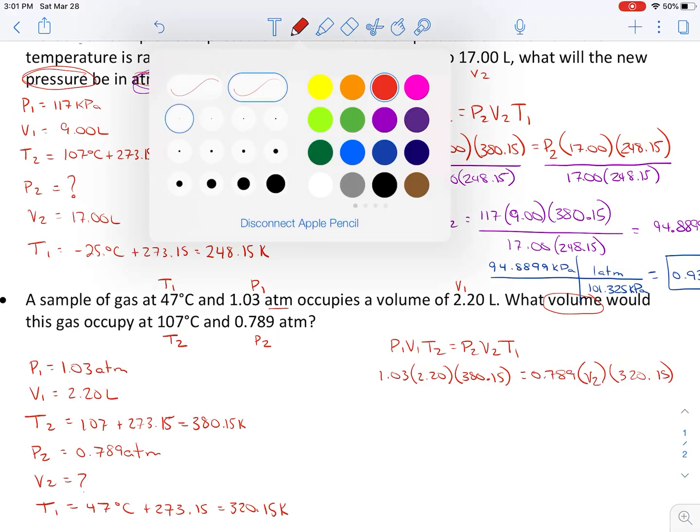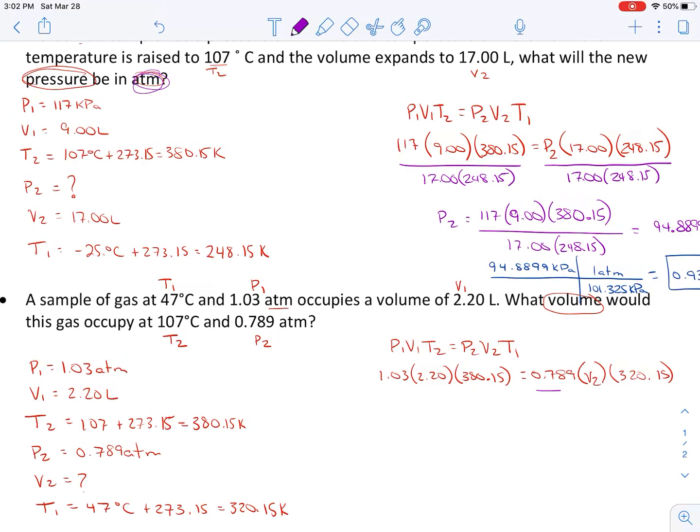All right, isolating V2, just like we did last time, we're going to divide each side by those numbers to get the variable by itself. Divide by 0.789 and 320.15. And this will be our volume 2.